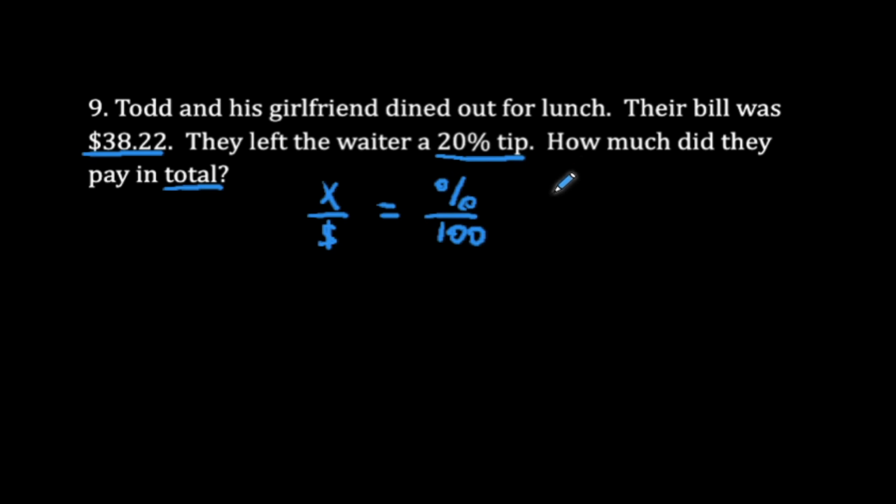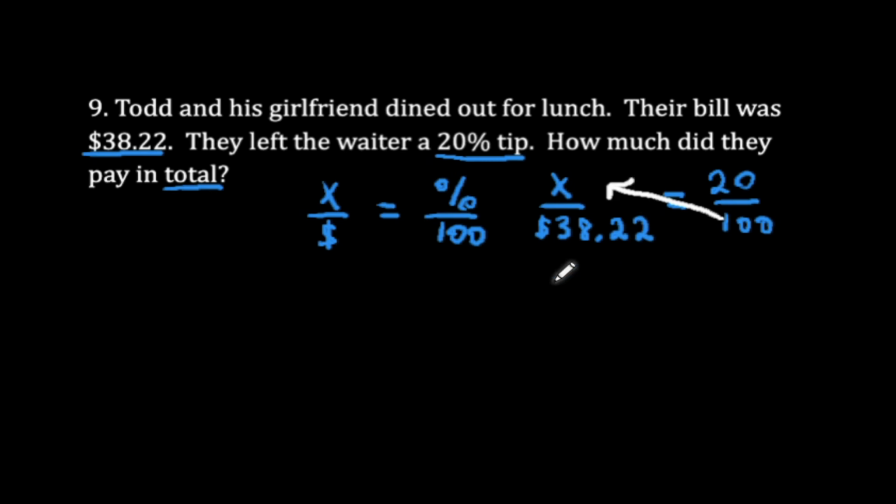So we have x over the amount of dollars, which in their case is $38.22, and that is equal to percent over 100, which is 20 over 100. All right, and so we can go ahead and cross multiply. So we have 100x, which is equal to $38.22 times 20.